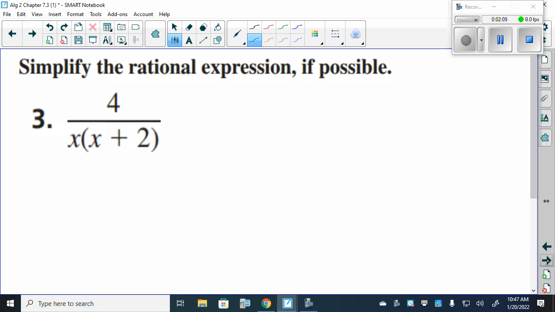Now, the first one we're going to look at in simplifying a rational expression is 4 over x times x plus 2. Is there anything in common on top and bottom?